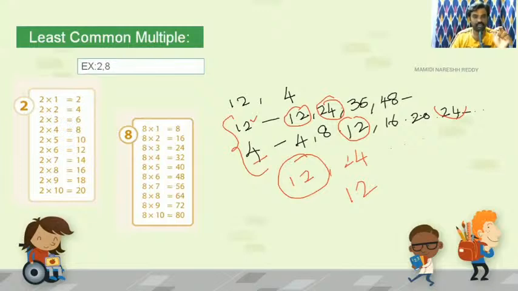Again, I'm going to reveal it: the least natural number which is divisible by each of the given numbers, or the least natural number which is a multiple of each of the given numbers. Got the point? Now let's go to the amazing techniques to find the least common multiple. You are going to enjoy this lesson, right?